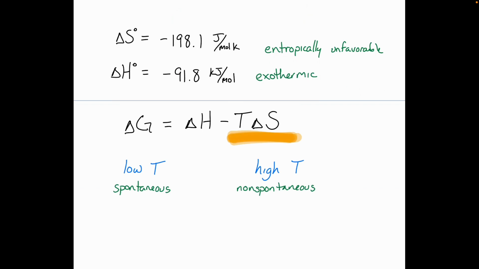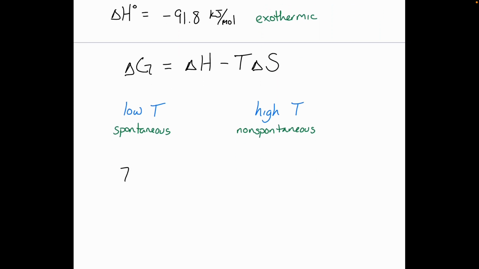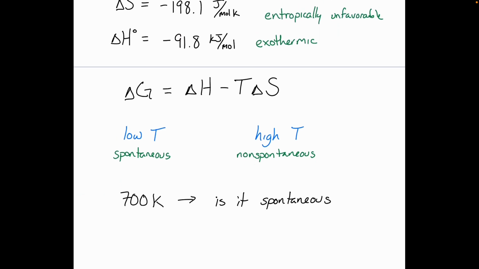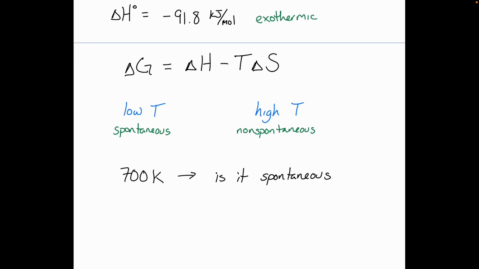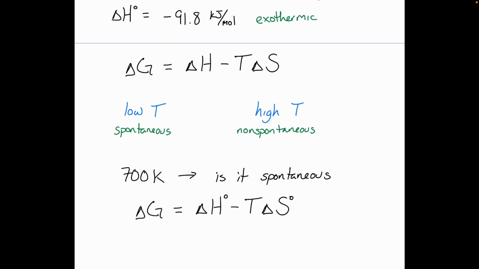So let's just pick a random super high temperature. Let's say, all right, cool, we're going to crank it up to 700 Kelvin. Is it spontaneous? Remember that if we want to figure out our delta G at any other temperature than at standard state, we have to use instead this equation here, where we're going to plug in our delta H naught and delta S naught.